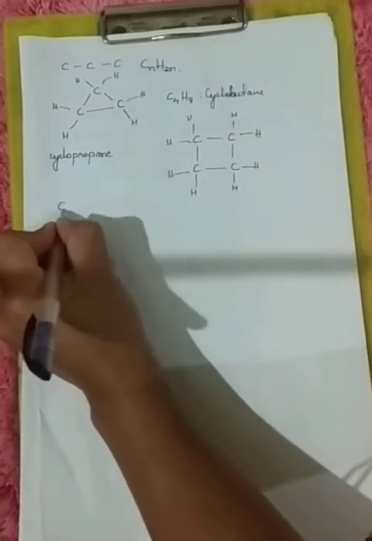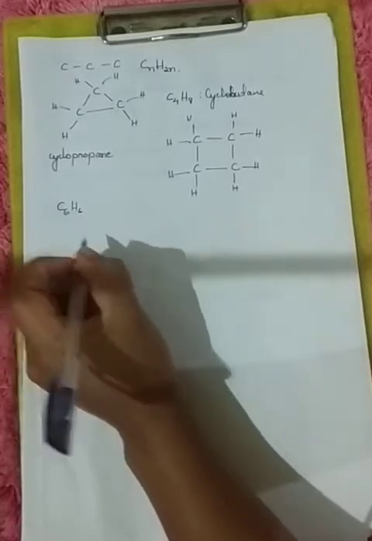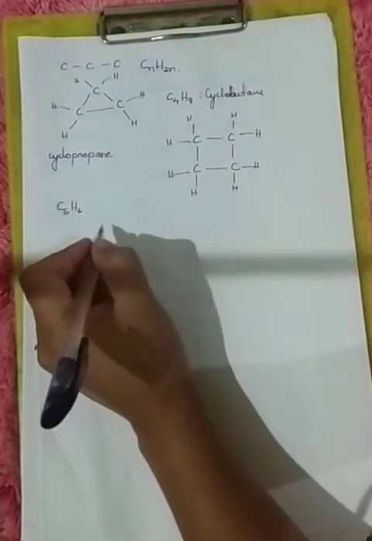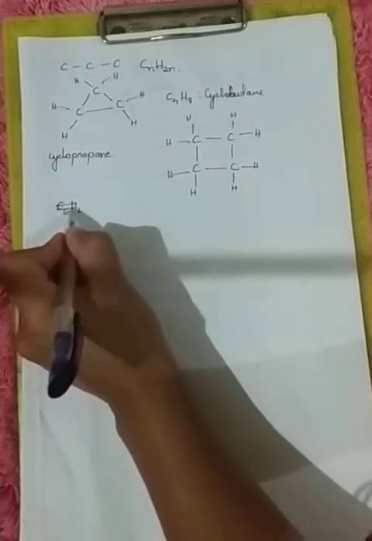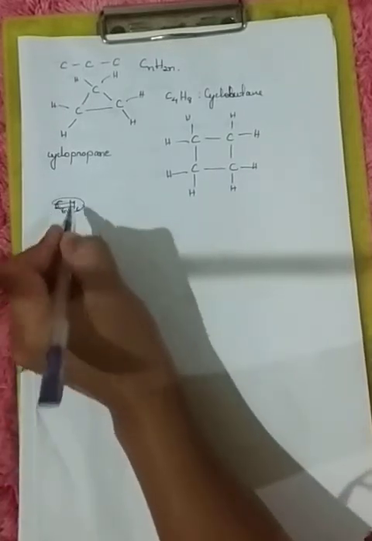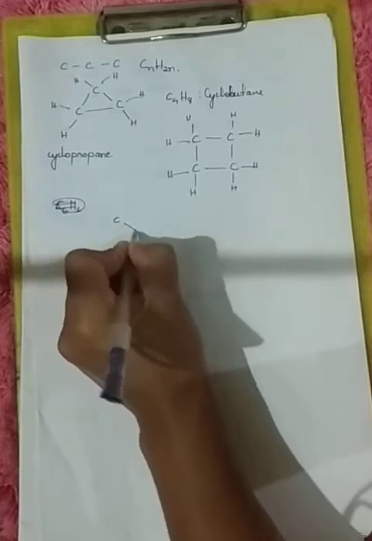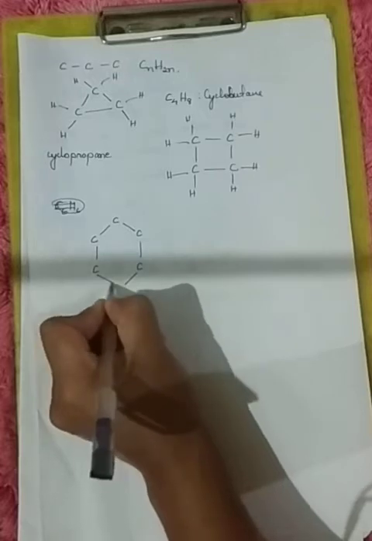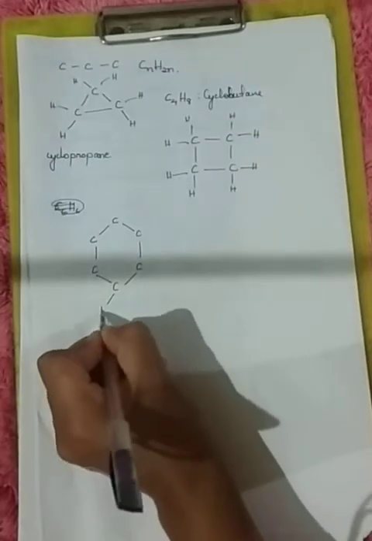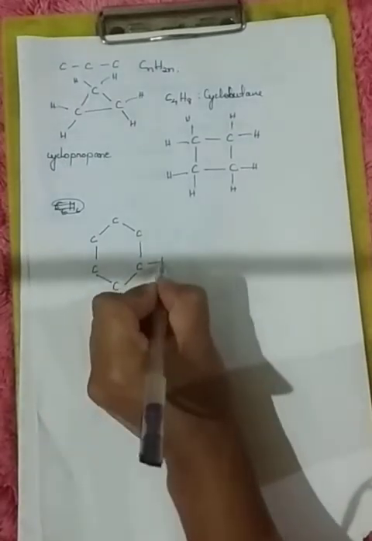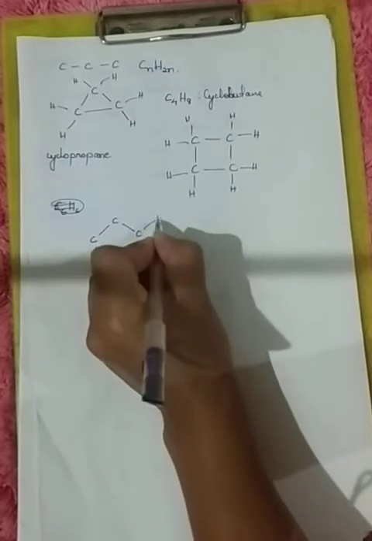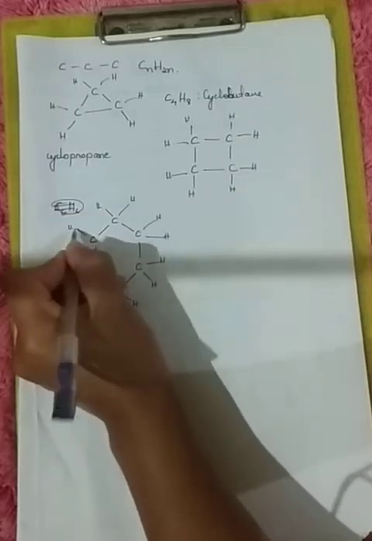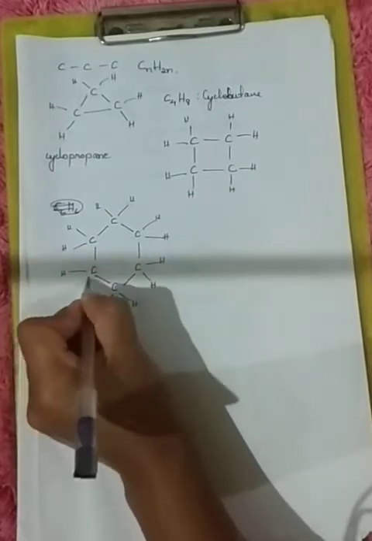Now how about C6H12? Firstly, let's move to cyclohexane. With 6 carbons, 1, 2, 3, 4, 5, and 6, we attach hydrogens to fulfill the tetravalency: 1, 2, 3, 4, 5, 6, 7, 8, 9, 10, 11, 12.